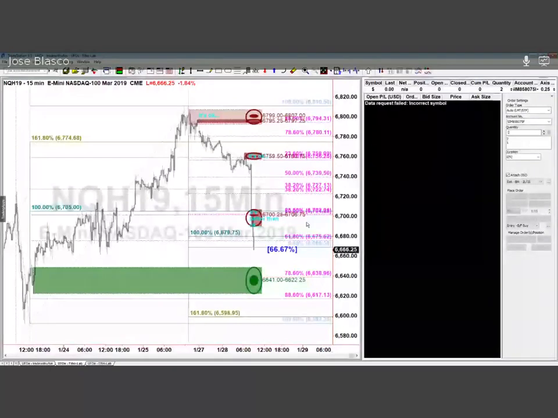Now, careful. Remember earlier when I told you the trick of the moving averages is that every 15 minutes you have to recalculate? Well, the trick of the fib is that this Fibonacci calculation, going from the top moving down towards the bottom, was in the right place up to when the market started moving down.